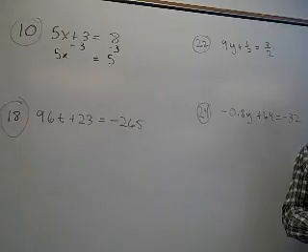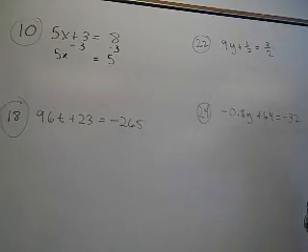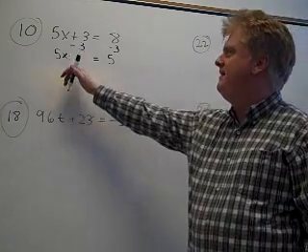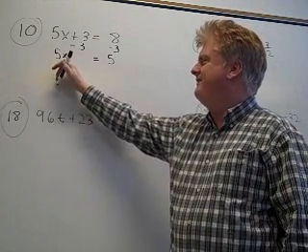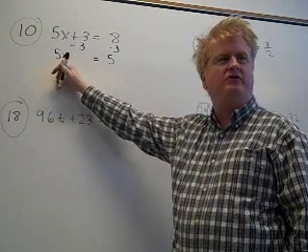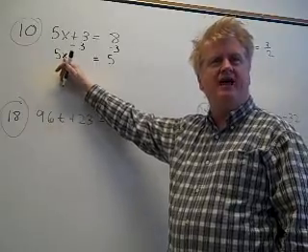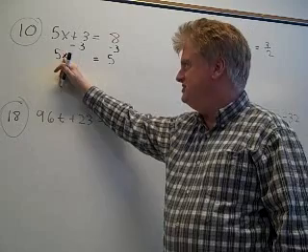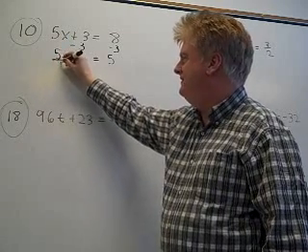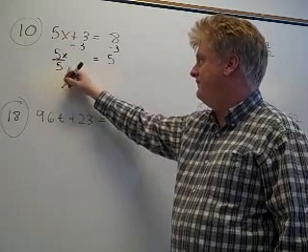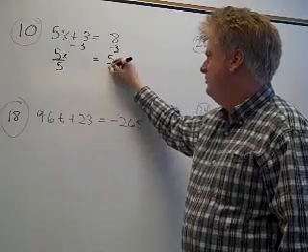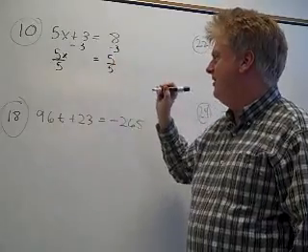Next step is we want to get x all by itself. Well, what's keeping x from being all by itself? Namely, the fact that there's this 5 multiplied by it. How do we undo multiplication? Division. So we divide this by 5. Except if we divide this by 5, we divide this side by 5 as well.